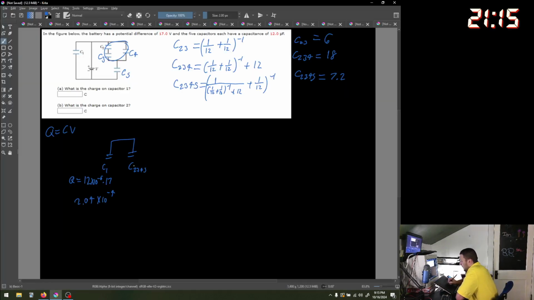Okay. And then the C equivalent here is going to be 7.2 times 10 to the negative 6th times 17, because in parallel voltage stays the same, and in series I think it's charge that stays the same.